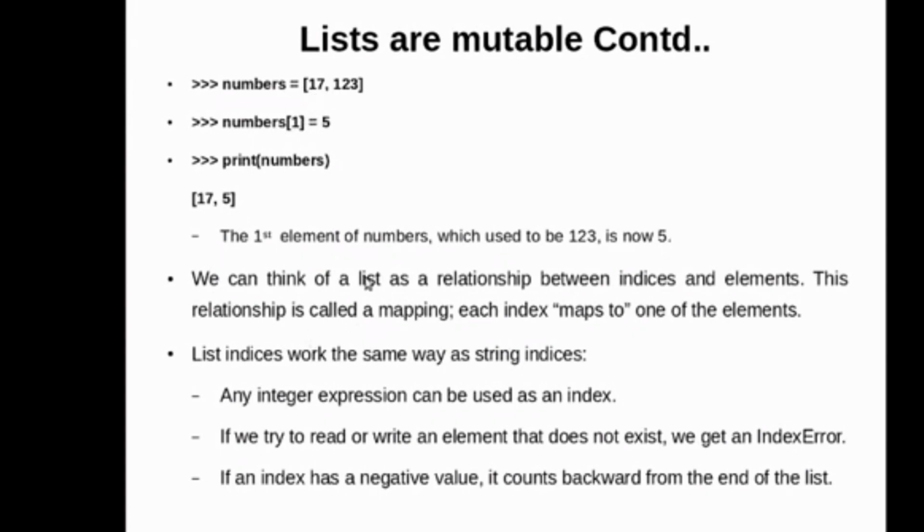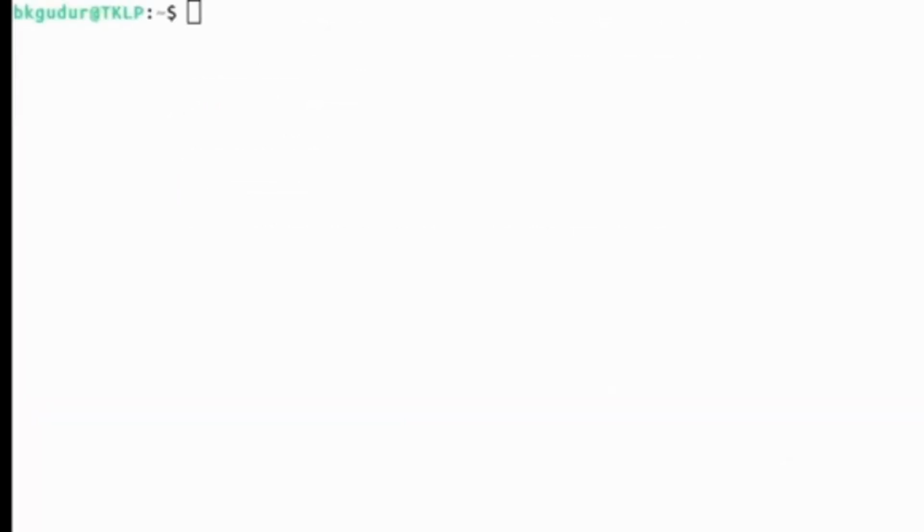Before we proceed further, let us see whatever we have discussed so far in a terminal, with some examples, and later we'll proceed further. Going to the terminal. To launch the Python interpreter, use the command python3. Now I'm going to create a very simple list called forest, as in the example we have seen.